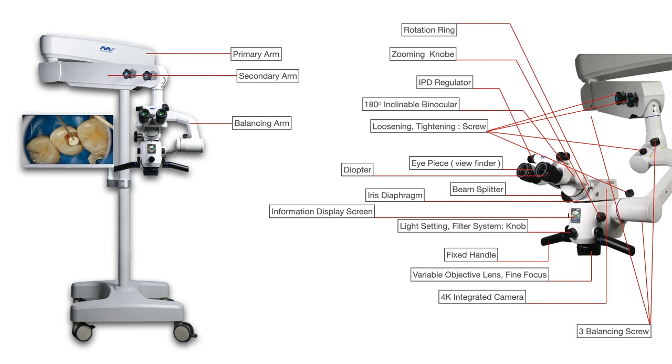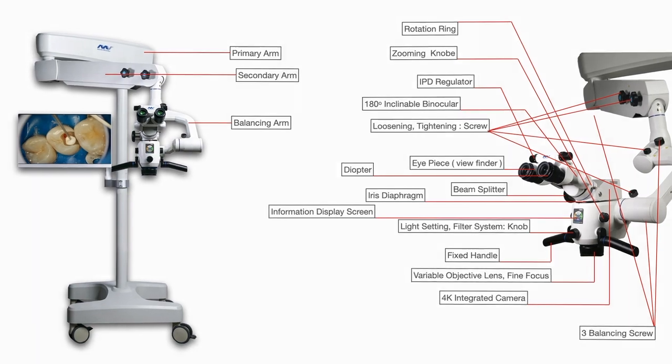For example, if I loosen this screw, the balancing screw still stabilizes the arm in the same position. But the tightening screw makes it loose or tight. So the screw is important, and you should have it in your microscope.